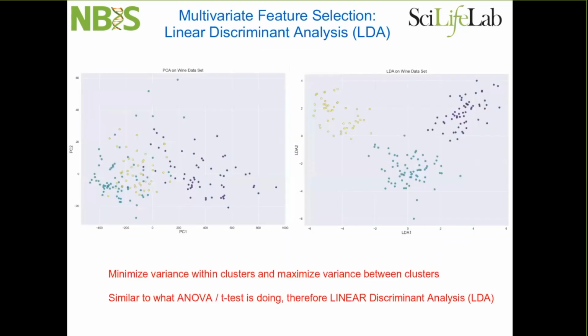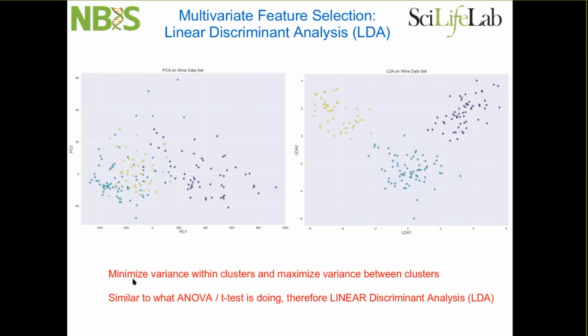And then finally, there was one more method that I would like to mention, so that you know there is another interesting multivariate feature selection method, which is called linear discriminant analysis. What it basically does is try to separate your samples. So now it's another data set, sorry about that. It's not males and females anymore, but something else. But what linear discriminant analysis does, it also tries to separate your samples and select appropriate features that separate my different classes.